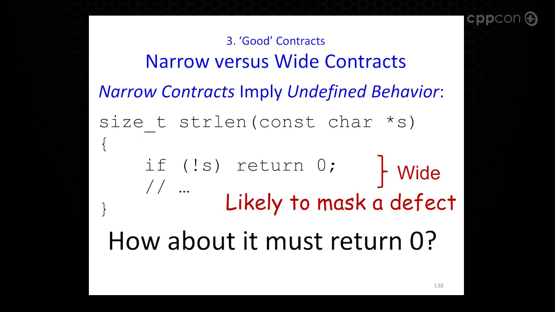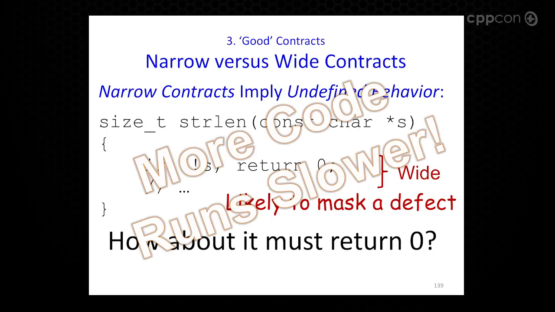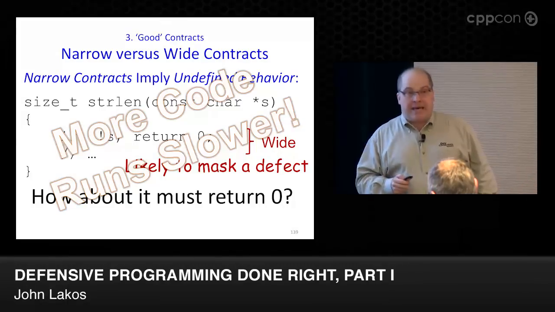Yes? We've lost the opportunity to catch our client's mistakes early. I love that. Let's just look at this. How about that? This is likely to mask a defect because that is exactly right. And more code runs slower. And I just want to point out that even if the code doesn't execute, that it's in the instruction stream means there's more code to get.